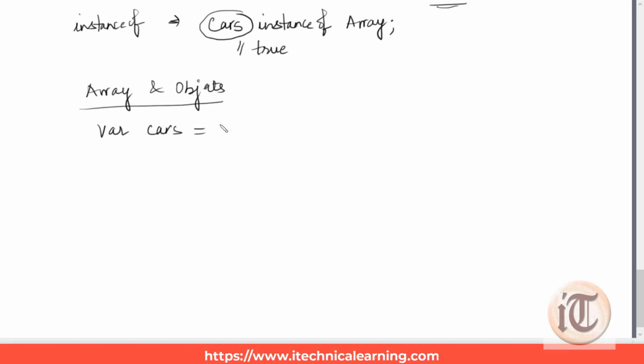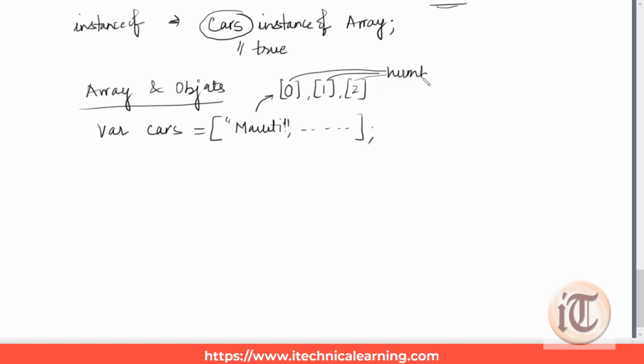I'll declare it something like this. As I've said, I'll take one value and so on. And we have also seen that these values are automatically indexed using index numbers, that is 0, 1, 2. So in arrays, these index values are automatically denoted by numbers, as per the definition of an array.